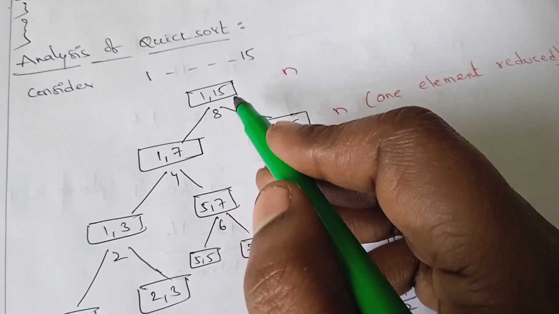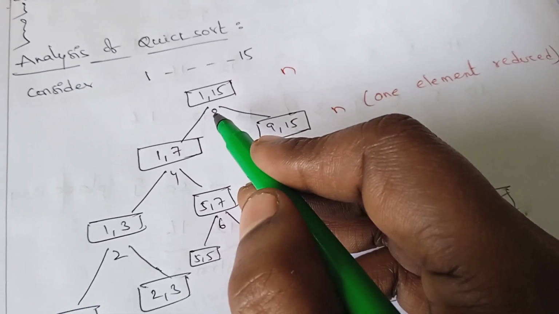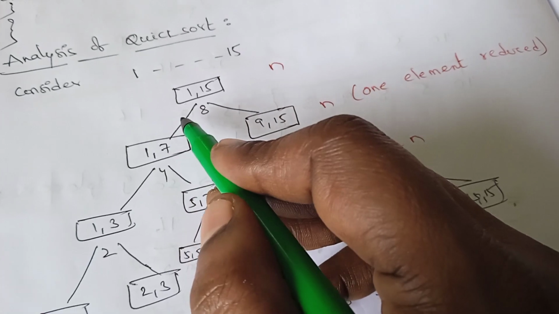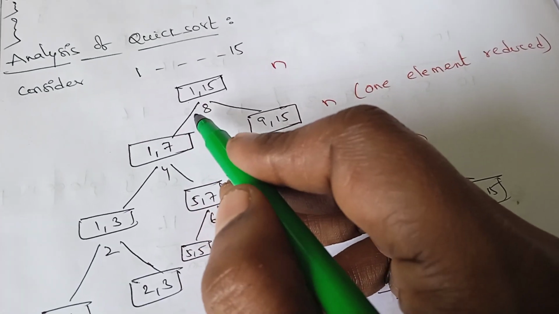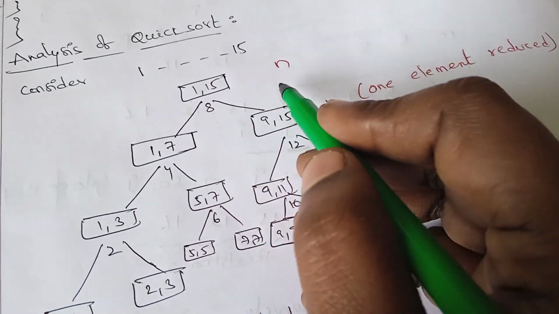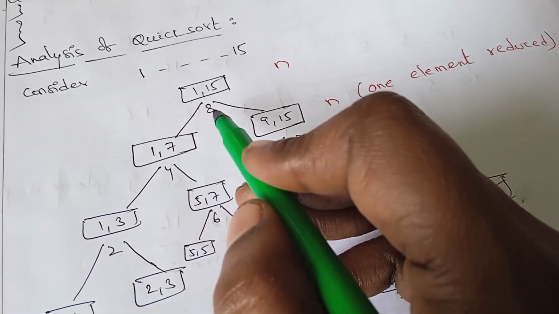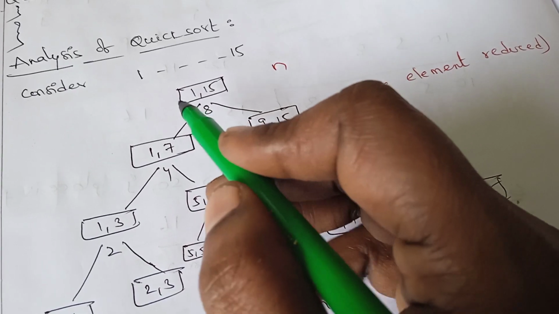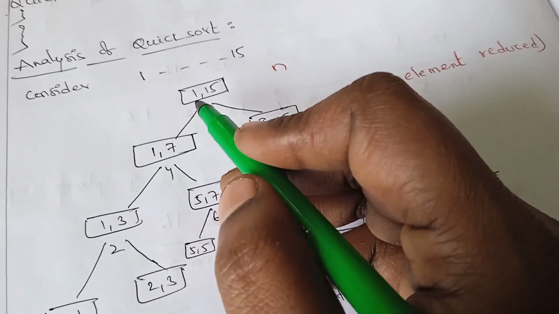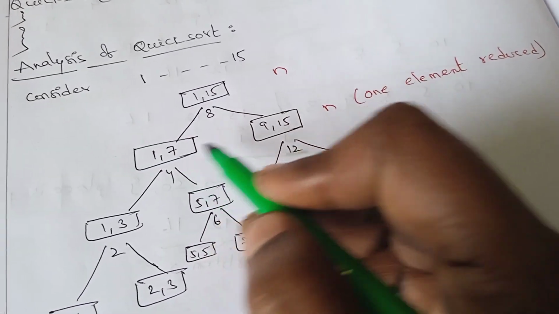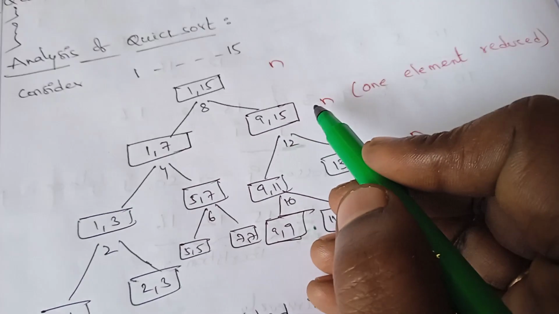That means we will set its place in between. So before the 8th, indexes 0 to 6 will be lesser, and after this they will be greater. So the 8th is my pivot element. Leave this pivot element, and come to the lists. 1 to 7 is one partition, 9 to 15 is another partition.